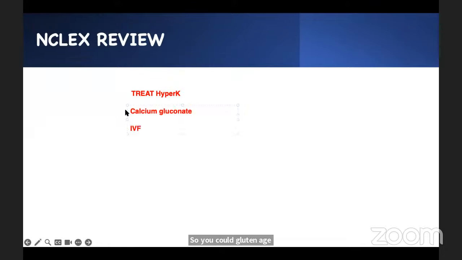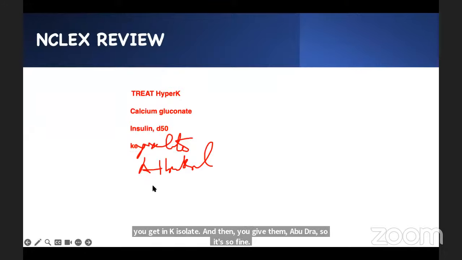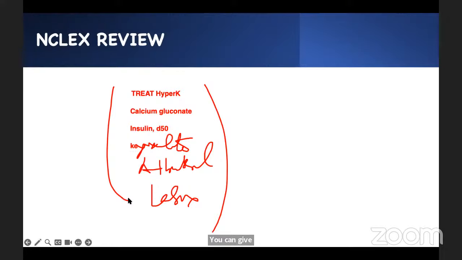You get IV insulin and glucose, right? Or D50, whatever. You get them Kayexalate, right? Fine. You can give them furosemide, Lasix, and all these things will take care of the problem.